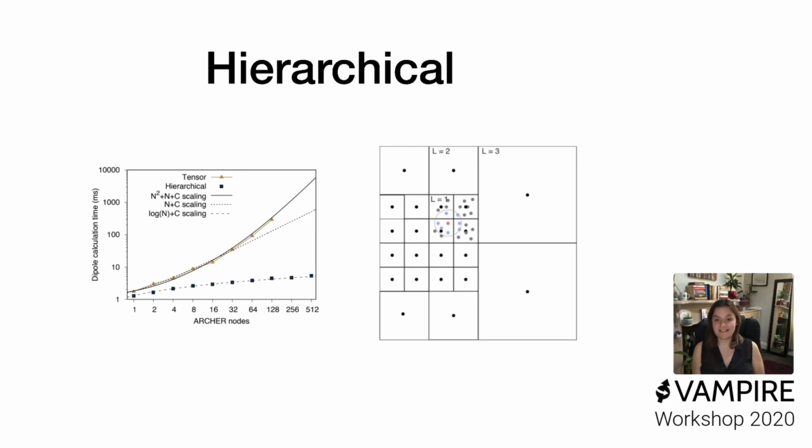However, if we drastically decrease the number of macrocells, we should get much better scaling. The hierarchical scaling is also shown on this graph, and as you can see, is orders of magnitude faster than the tensor scaling. This was for a really big system. Obviously for small systems it makes very little difference, but when you're looking at things that are hundreds of nanometers big, it makes a very big difference.